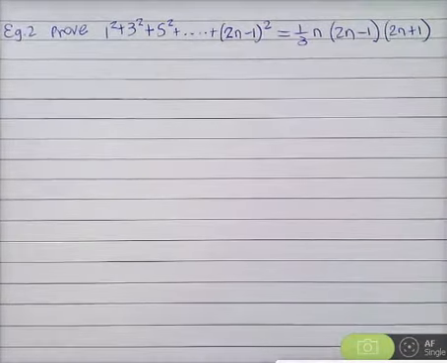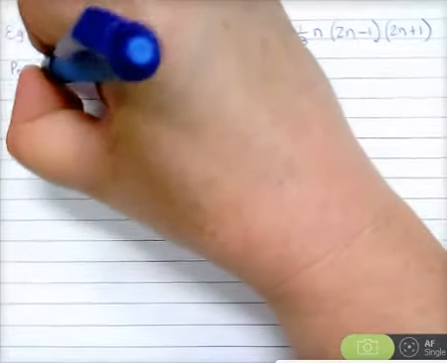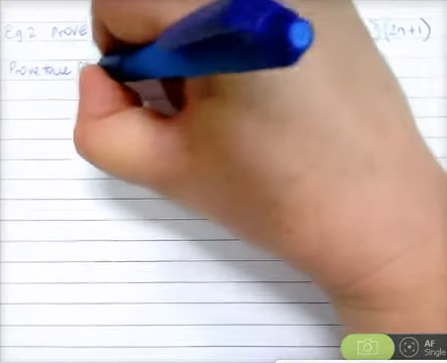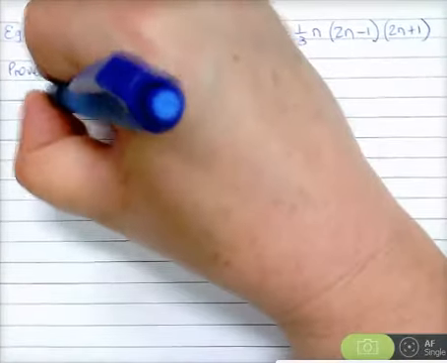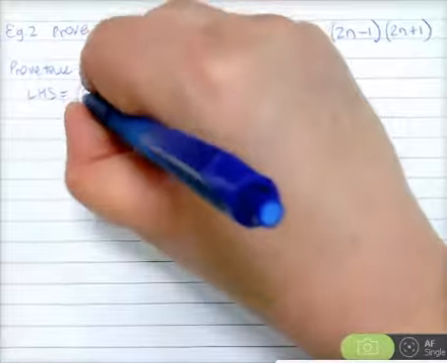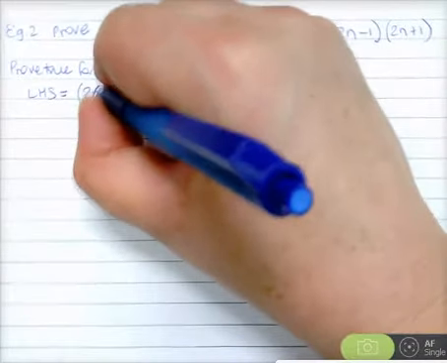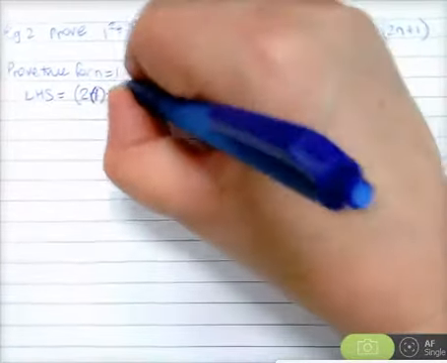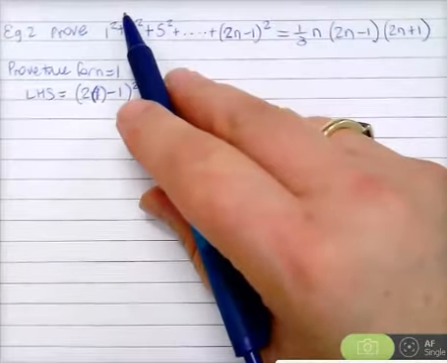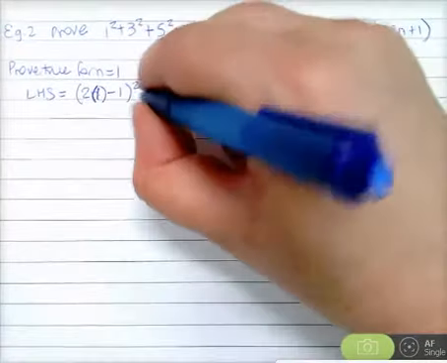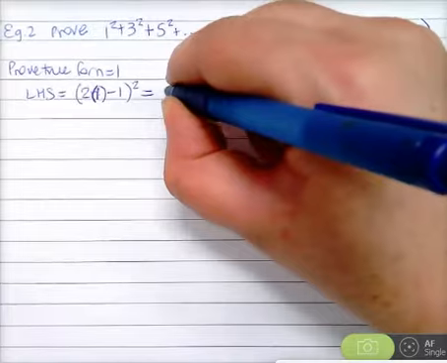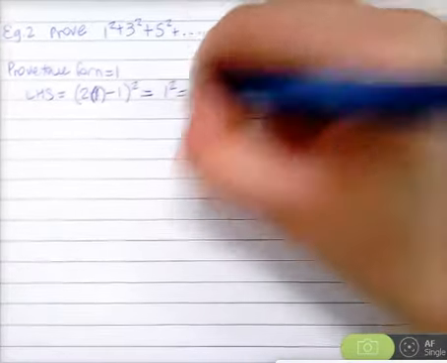Okay, step 1. Prove true for n equals 1. Left-hand side, you can either use the formula 2 times 1 minus 1 squared, or you can just write 1 squared. 2 times 1 minus 1 squared is 1 squared, which is 1.